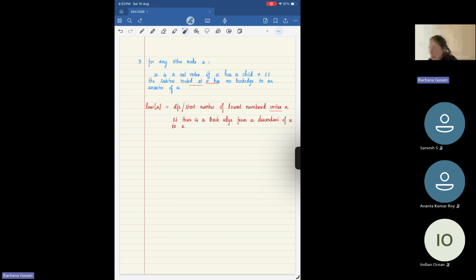Consider every descendant of u and look at the back edge where it is going. It will go to some vertex x, and note the DFS number of that vertex. So pick the lowest DFS number that you can reach from u via a descendant of u. That number is the low of u.